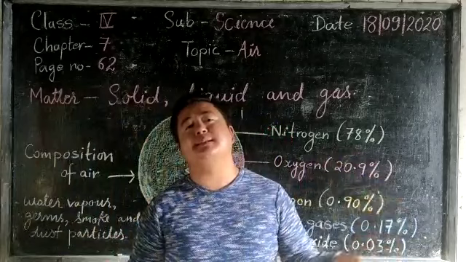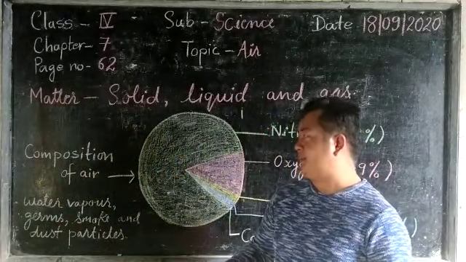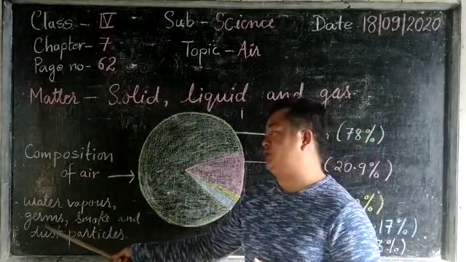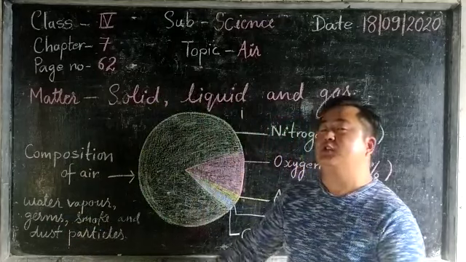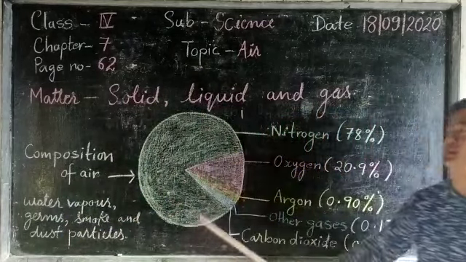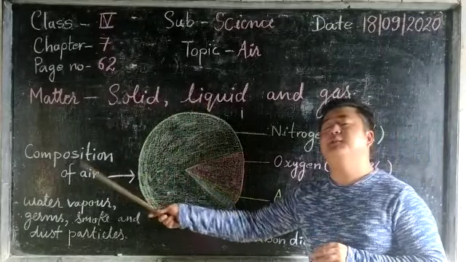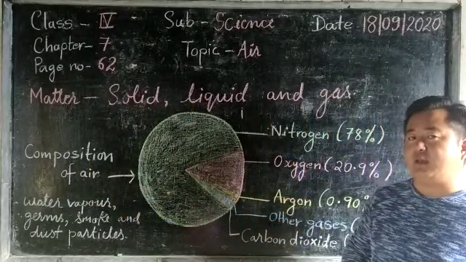And this phenomenon takes place every day. And in air, it also consists of germs, smoke, and dust particles. So these are the mainly the components, the things that are in the air.